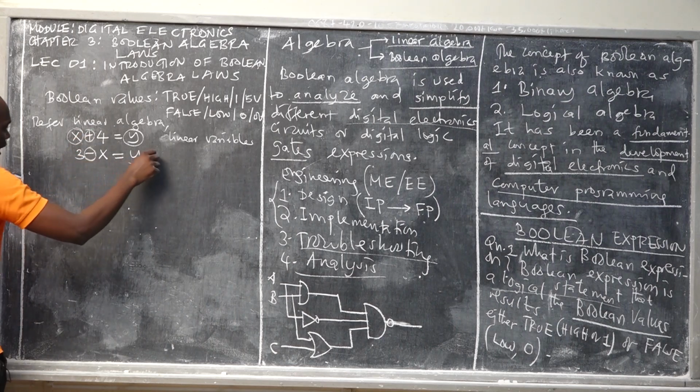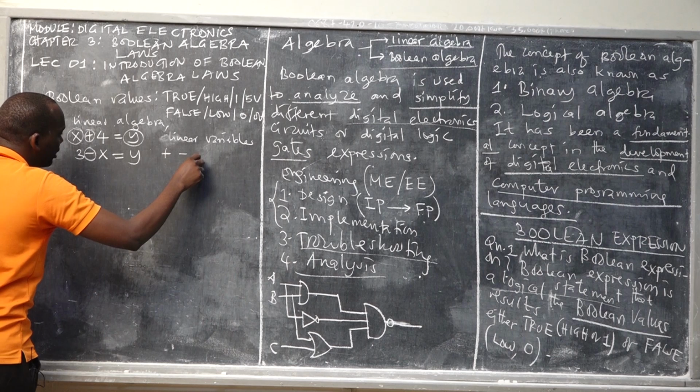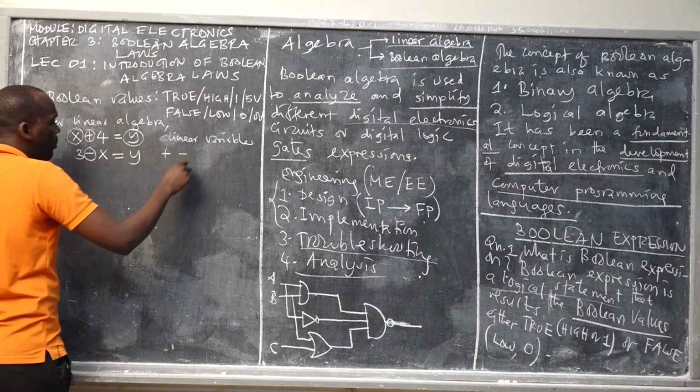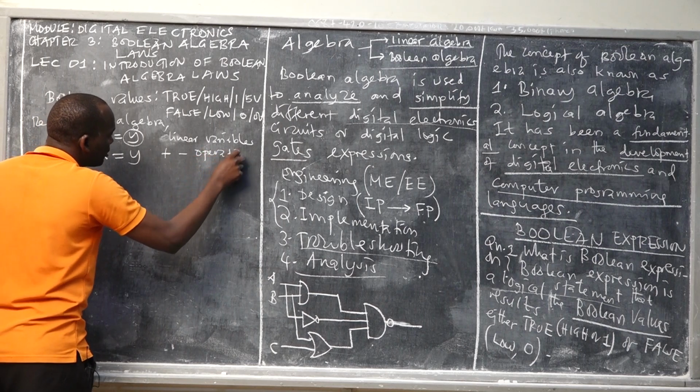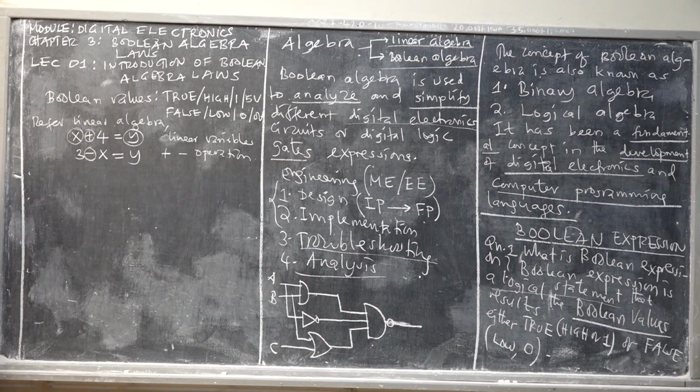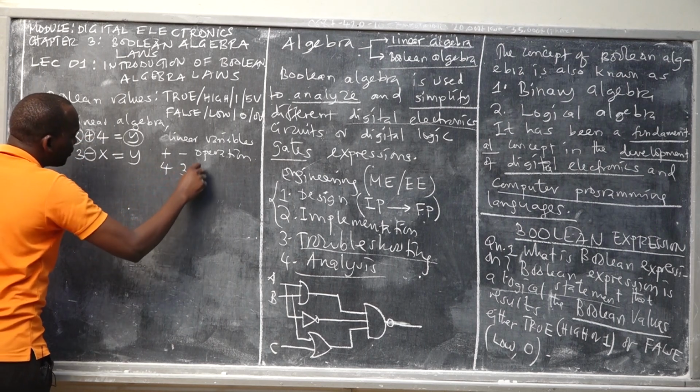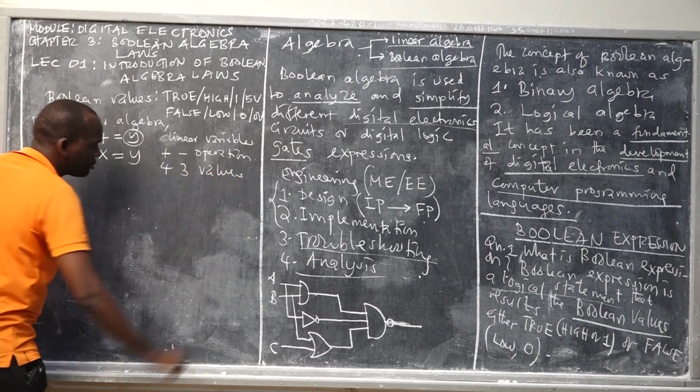Addition and subtraction we call basic operations. 4 and 3 we call values, or linear values.